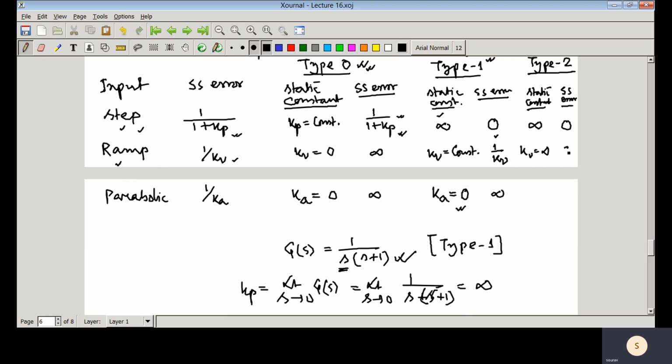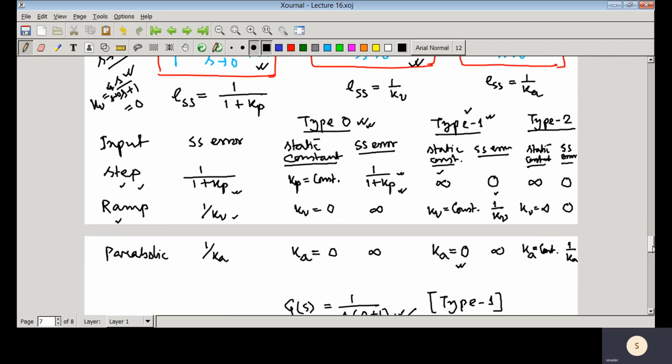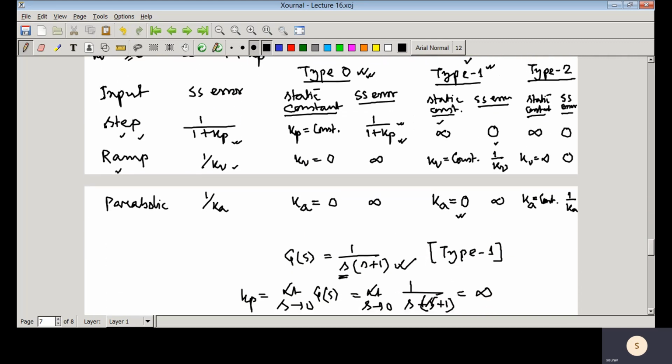Whenever it is infinite, then it is coming 0, and whenever Ka is constant, then you have the steady state error, that is 1 by Ka. So from this table, what we have seen is, when we consider a unity feedback system, and we apply various types of standard signals like step input, ramp input, parabolic input, then we can find the static error constants, which we have already defined, and it depends on the type of that system.